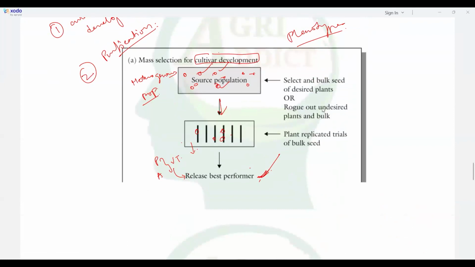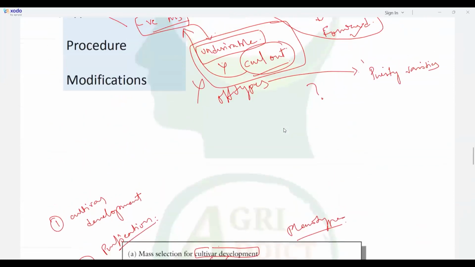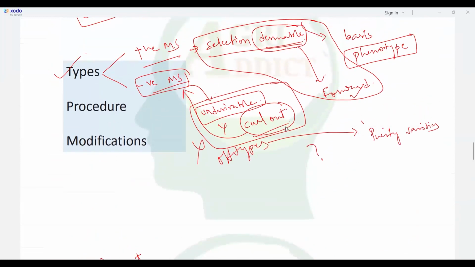Okay, and then there is one more thing: what are the modifications to mass selection? Have you come across stratification of the field? Yes, sir. So what do you mean by stratification? Sir, in mass selection, regarding fertilizer, we can't spread fertilizers or nutrient content evenly all over the field.